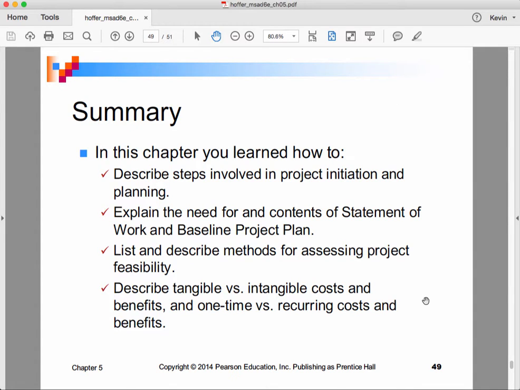And then we come to the summary. So I just want to take a second here and talk about the importance of the stuff we talked about within the chapter to the systems analyst. Okay, this planning and initiation is work that has to go on really before you kick the project off.